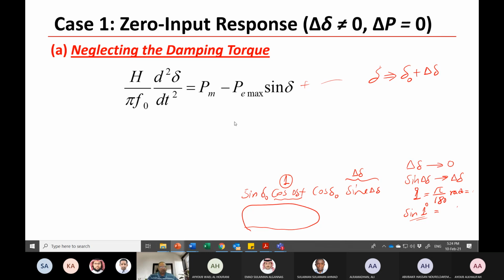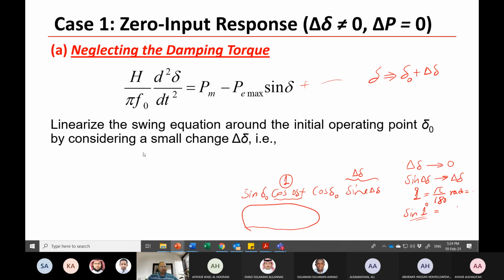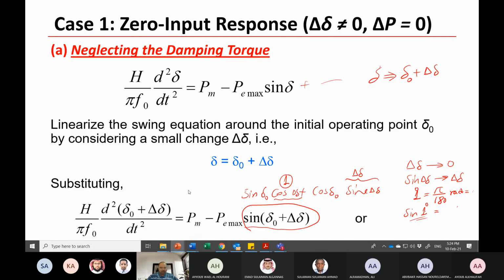and we can linearize the swing equation around the initial operating point, delta 0, and by considering a small change, delta, so we can replace delta by delta 0 plus delta in this equation, and sin delta also can expand it, and we did this already in last class, and we can have such approximation of sin delta.